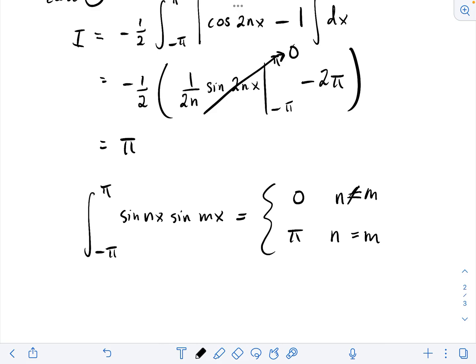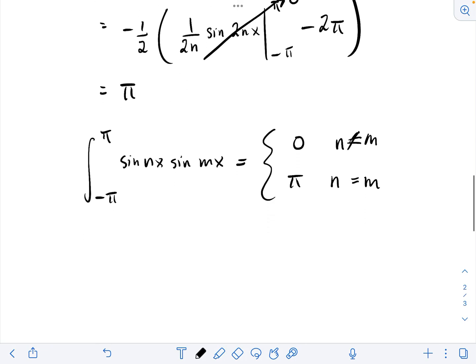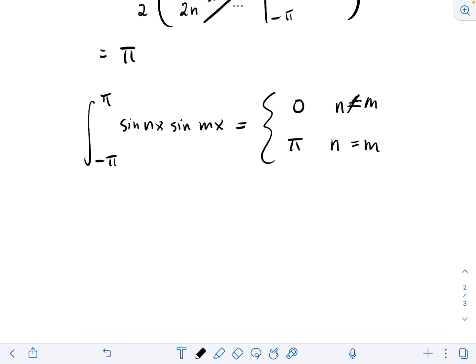Again, I won't write it down again, but we're assuming that n and m are positive non-zero integers.